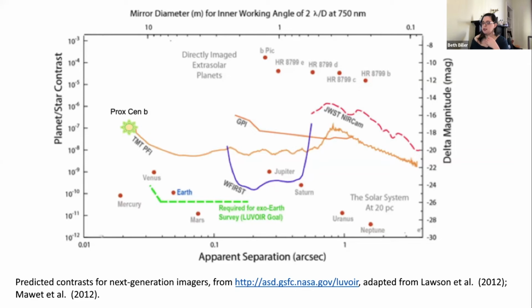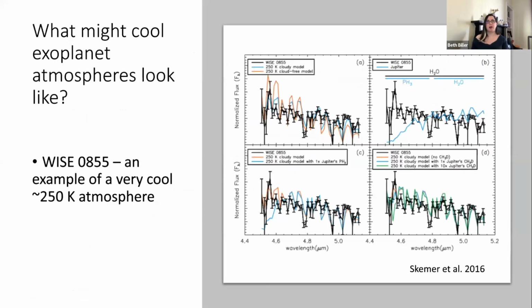So I want to conclude by showing you the first habitable zone temperature object that we've imaged outside of our own solar system. This is the coldest imaged atmosphere outside of our solar system. This is WISE 0855. It is a very low mass nearby brown dwarf.